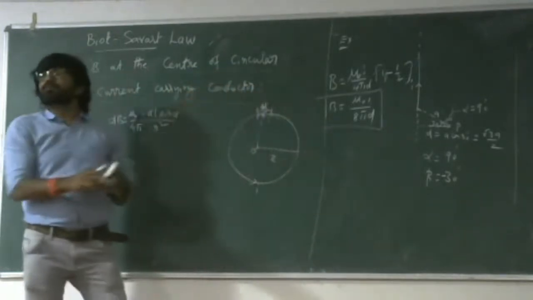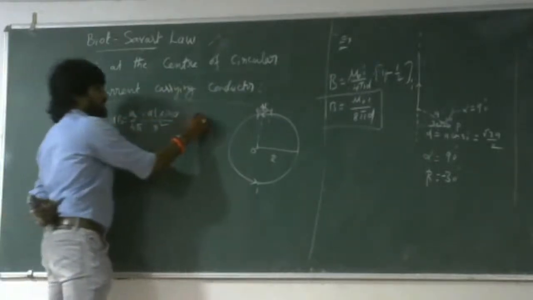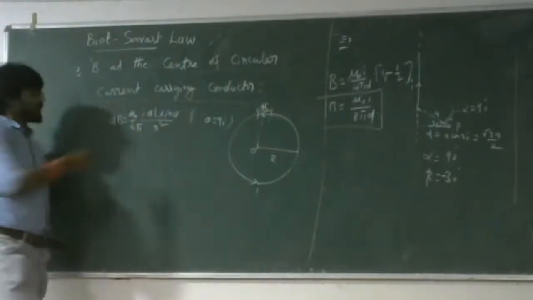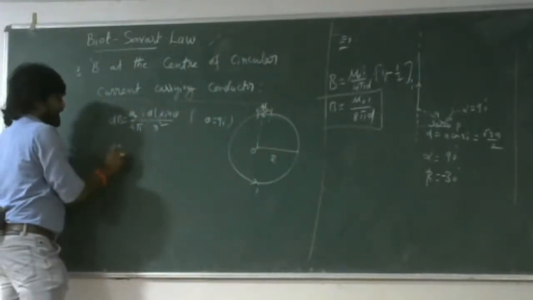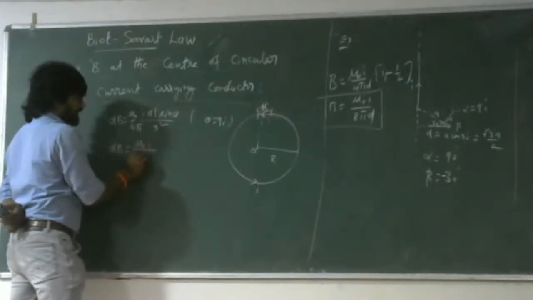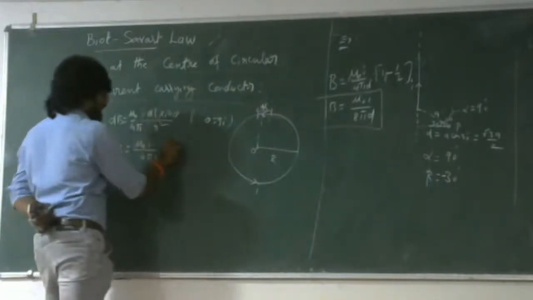So the angle between them should be 90. In this case, theta is equal to 90, so you can take sin 90 as 1. So directly you can take dB is equal to mu naught I dl by 4 pi r square.